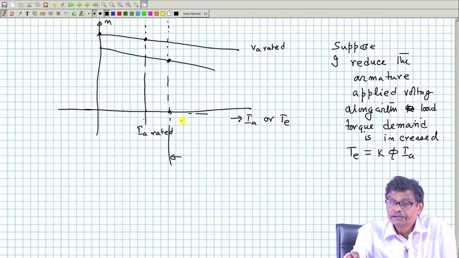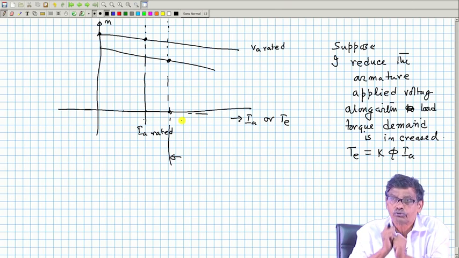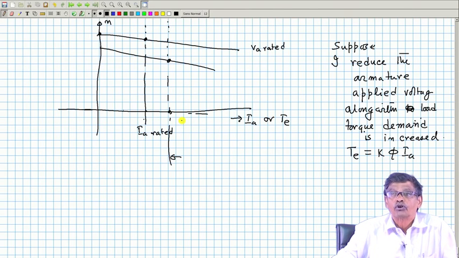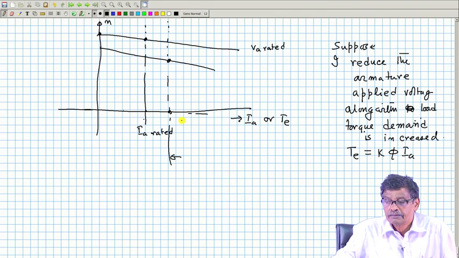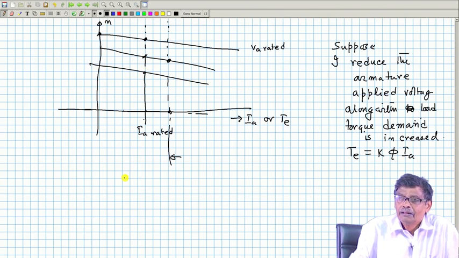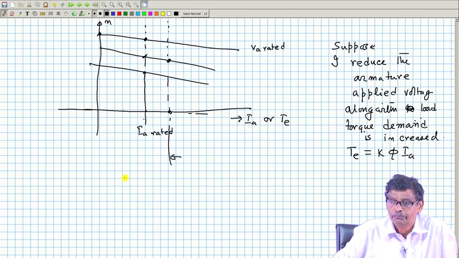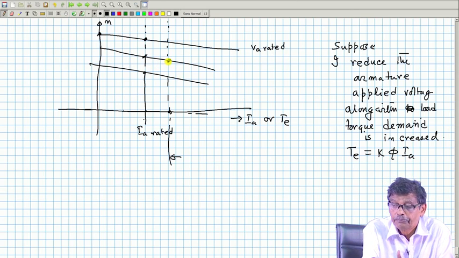Therefore, this armature voltage control method is most suited for constant load torque demand. If the load torque is constant corresponding to that rated current, the armature current will not increase, it will be rated. But if you say it will run at reduced speed but torque demand is more, then the operating point will shift here. This is the new increased load torque.